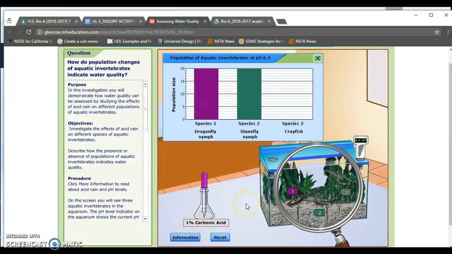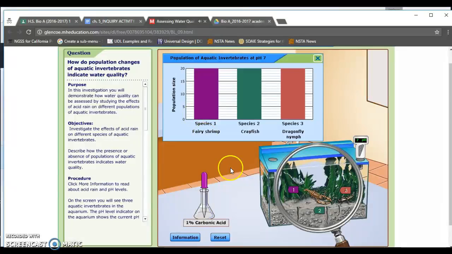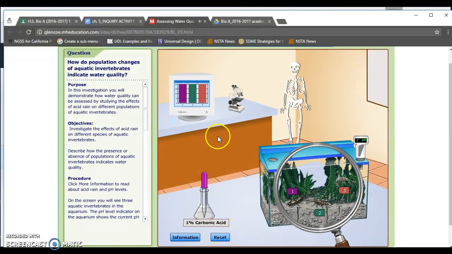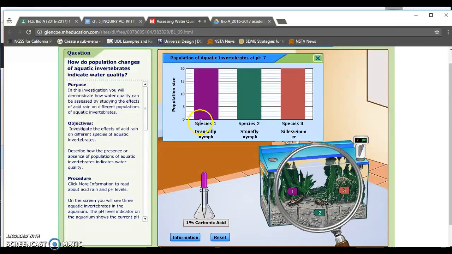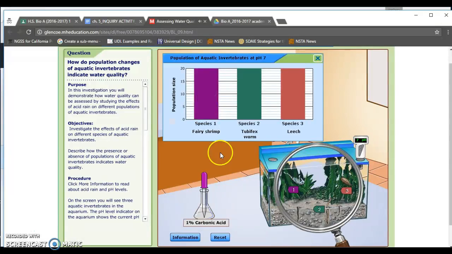Once you're done with that, and once you figure out how the species respond to each, you just reset it. And in this situation, it gave you a crayfish again, and it gave you dragonfly nymph. But you already have data on those, so you have to reset it again if you get a repeat. So I'm repeating it. Well, you got a repeat of dragonfly and stonefly, so let's see if we can reset it again. We keep resetting until we get new species.